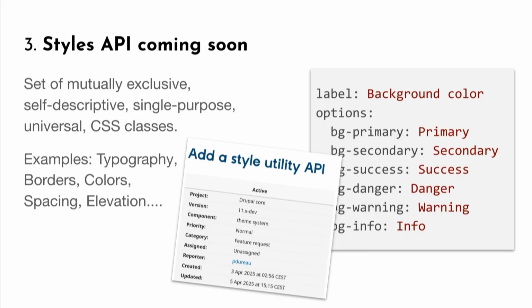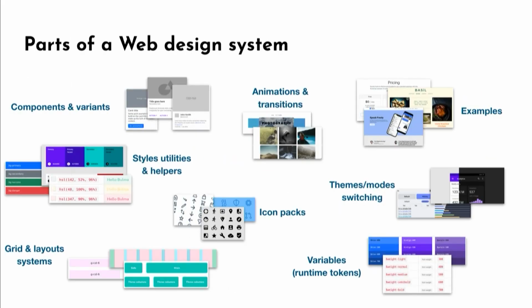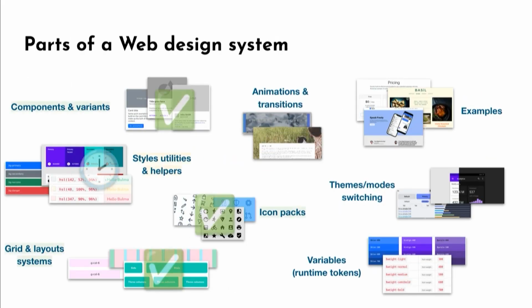And now we are working on a new API for style utilities and helpers, and we hope to land it in a few months. And more will come. It's the 3 biggest, but more will come. So now, part of the web design system, we are soon to have half of the design system we can implement in Drupal.